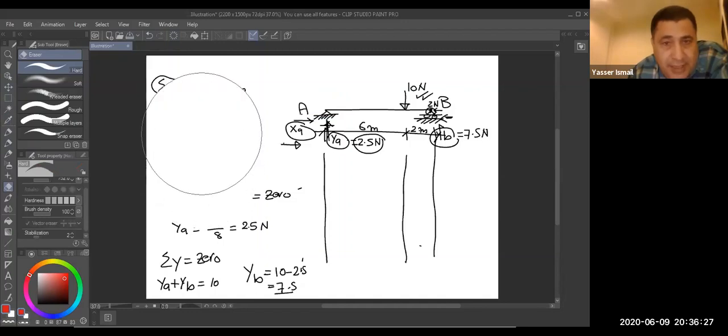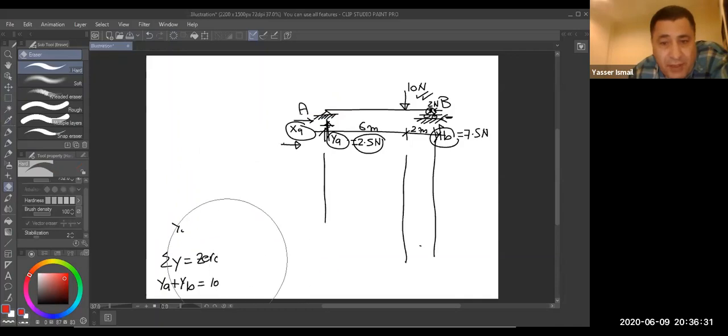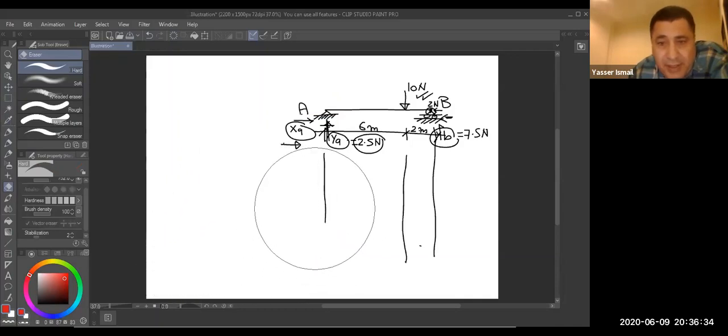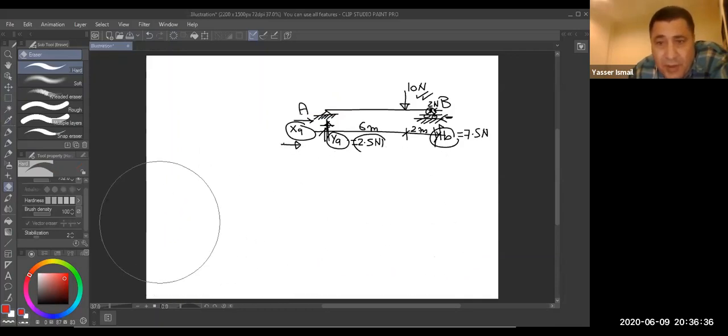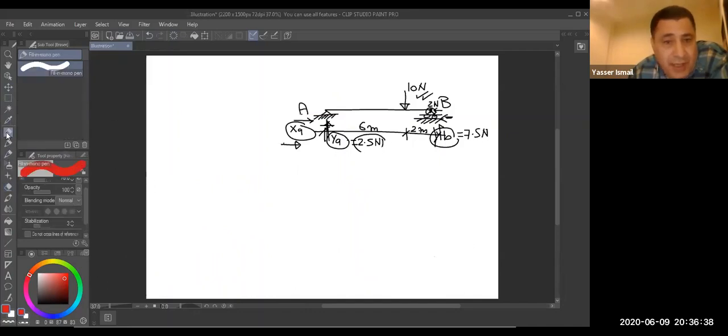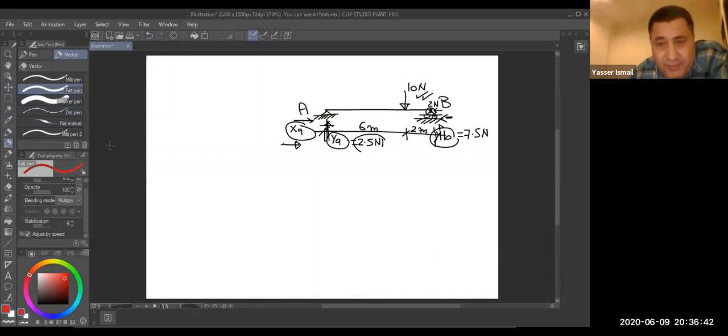Let us get all the internal forces. Now I have the reactions. I will draw a very nice diagram now. We call it a free body diagram. So now your free body diagram is like that.